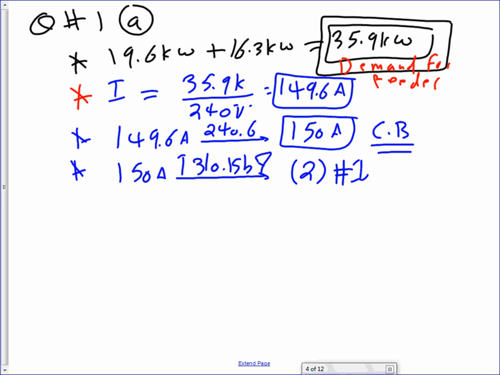Okay, so let's write it: 1 AWG THHN. We went to 310.15(B)(7) because we are allowed to, because it's a dwelling.